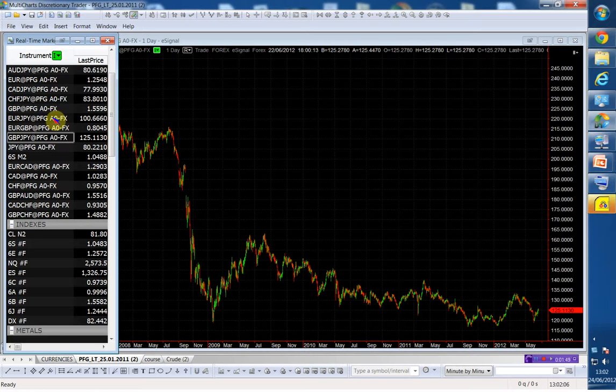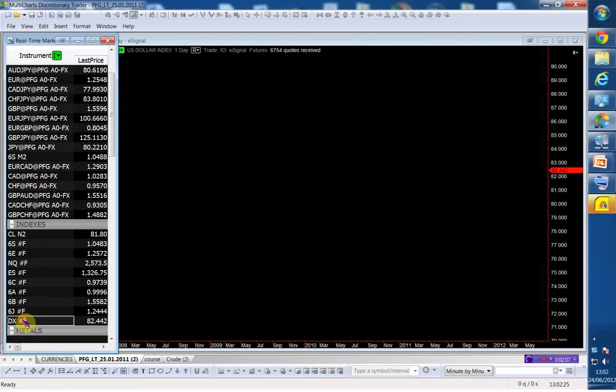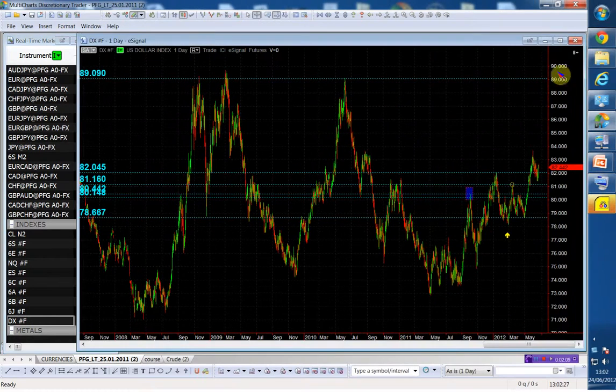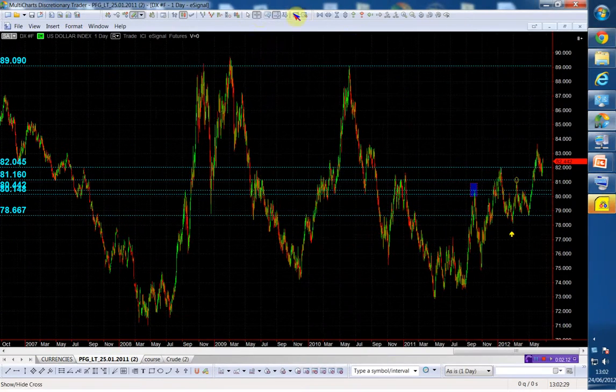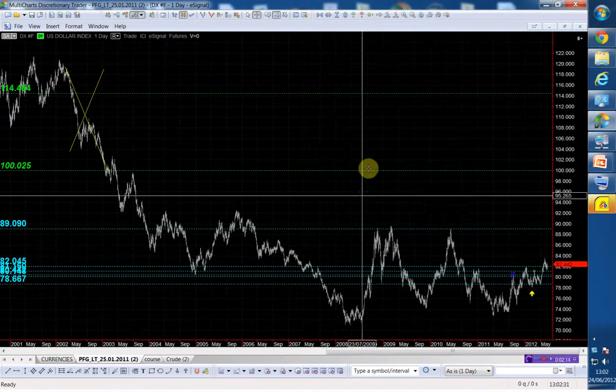In essence, if I'm going to do a buy transaction, I'm trying to find the strongest to be a buyer of and to find the weaker to sell.